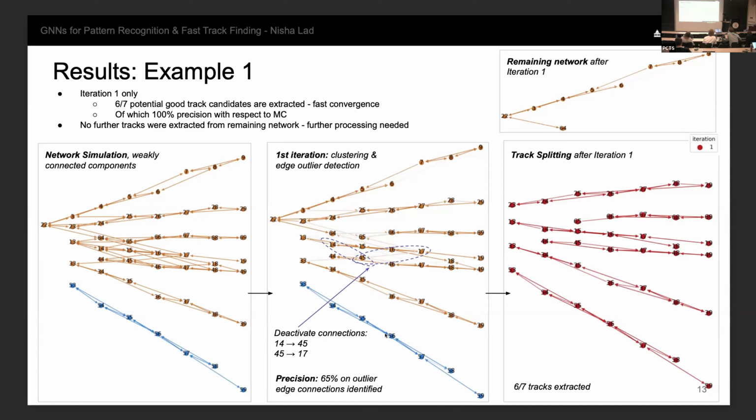Overall, on this simulation, the precision of outlier edge connections identified, with respect to Monte Carlo truth, was 65%, so it did quite well during the first iteration. Then applying the track splitting after the first iteration, we see that 7 out of 6 tracks were successfully extracted, and a remaining network was left to be further processed in later iterations.